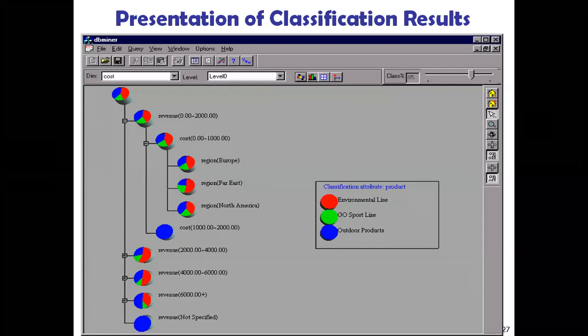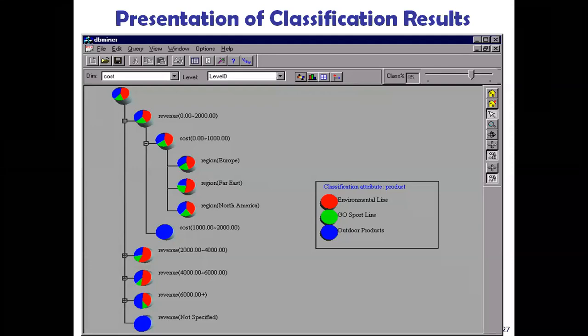See here, the blue line always, whenever it increases, it goes to the outdoor products. The revenue increases from the outdoor products. From the environmental line, first of all, whenever you have to increase that product, that time it is the environmental line with the local area.